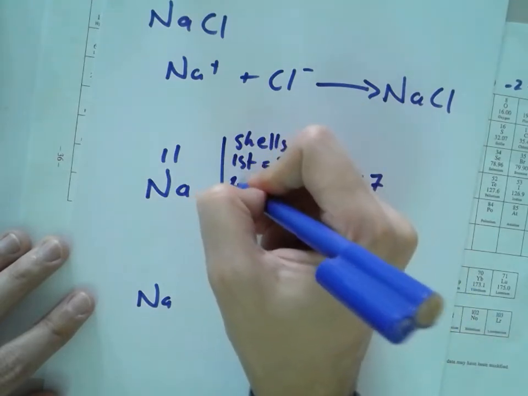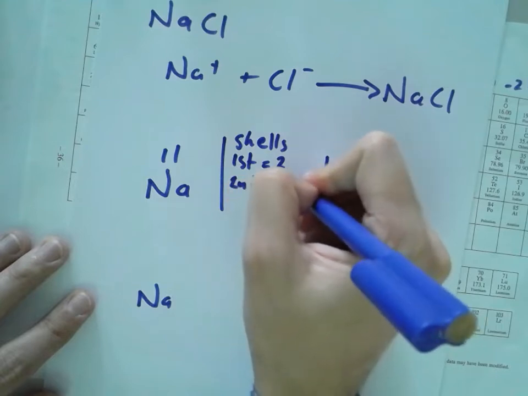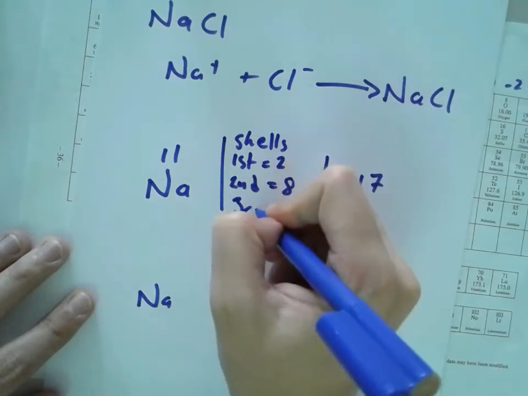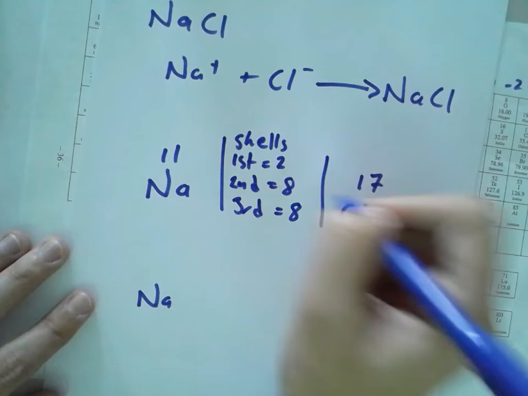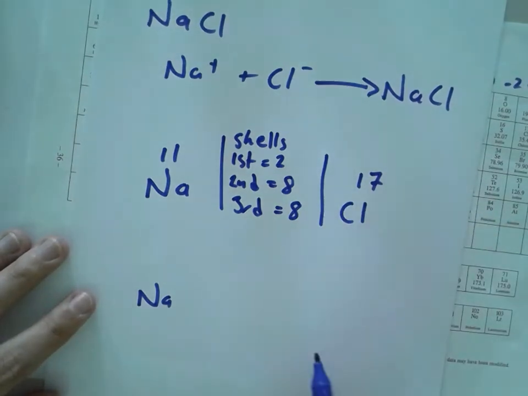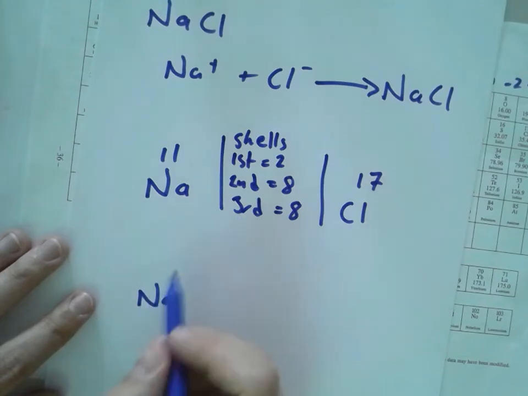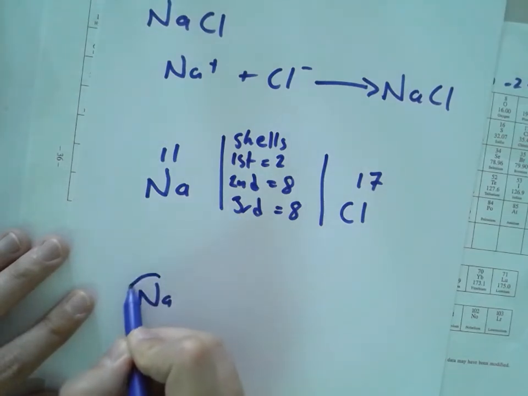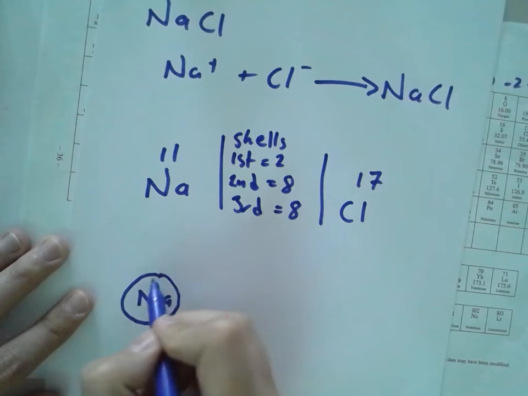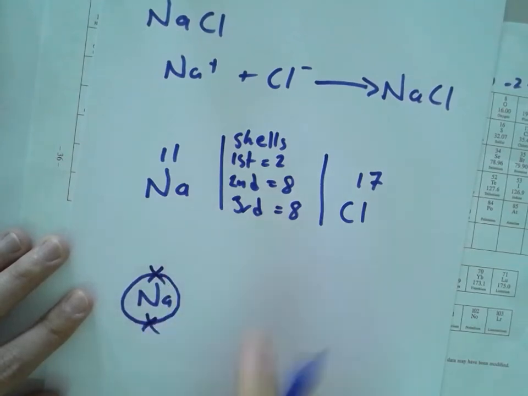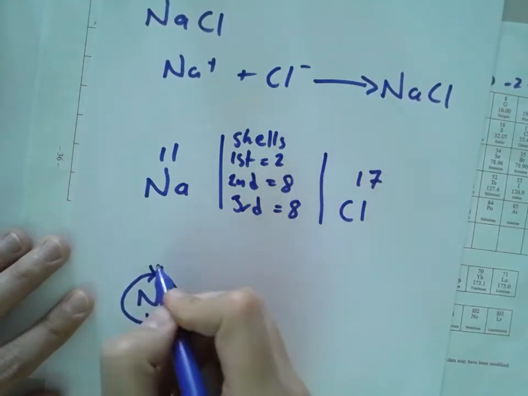The second shell has a maximum of 8, and then the third has a maximum of 8 as well. So we need to have 11 electrons. We'll start off with 1, 2. We've already filled up the first layer. We need to draw another layer.